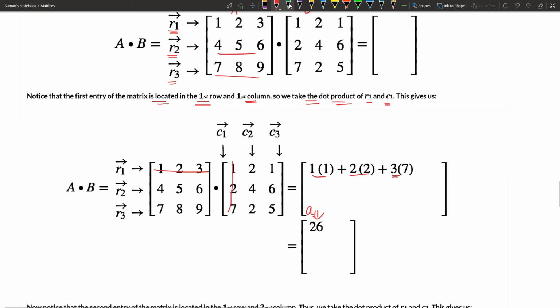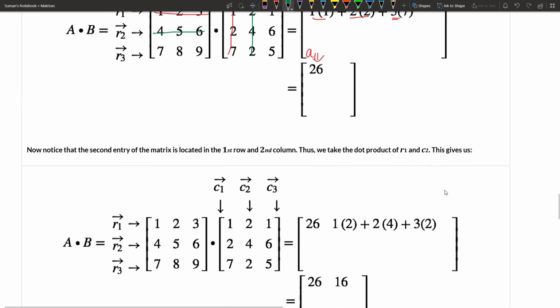Then, using green, we have the second entry. Sorry, that is our first row and our second column. So the next entry must be first row, second column, using the green button.